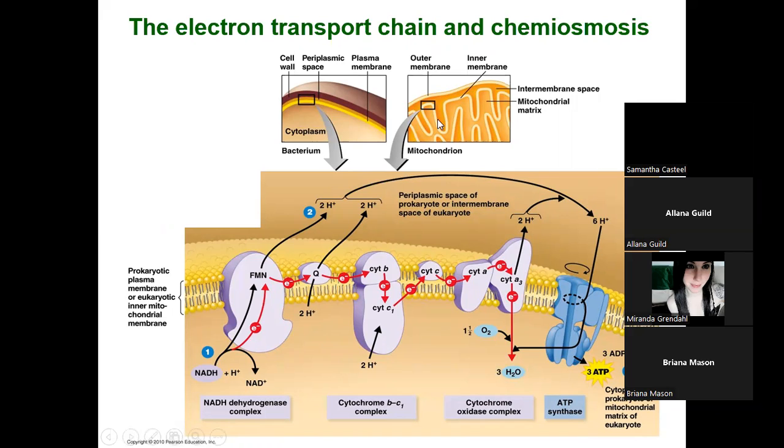The hydrogen ions in the eukaryote, when they're pumped from this side of the membrane to that side, will be caught by the outer membrane. So they'll be pumped into this space in between the inner membrane and the outer membrane.